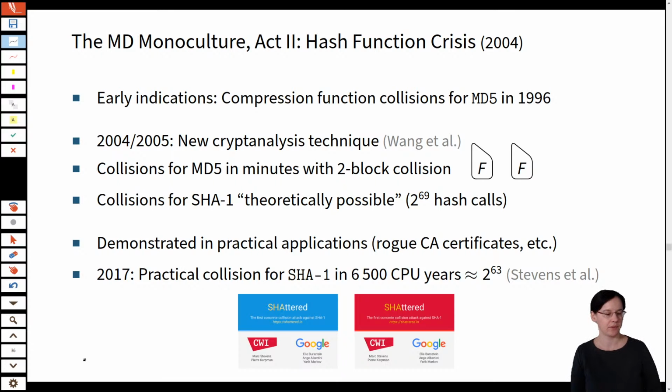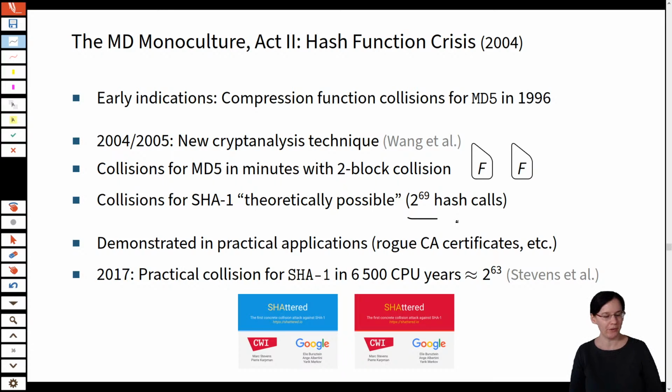SHA-1 has a 160-bit output, meaning that it should provide 80-bit security, but Wang showed at the time that with approximately 2^69 calls, similar attacks as for MD5 should also be possible. But at the time, this was too expensive to actually do in practice.